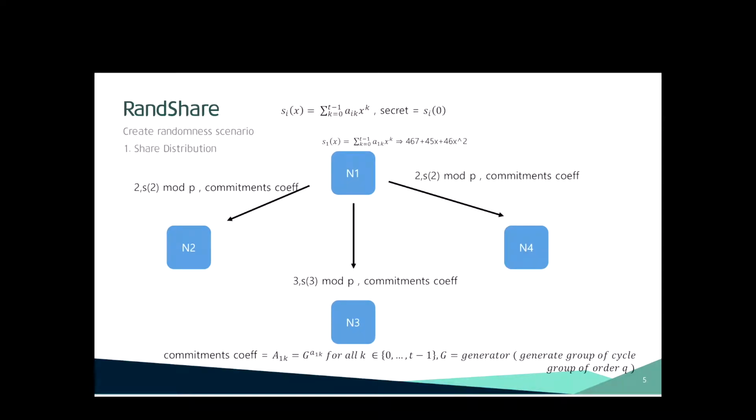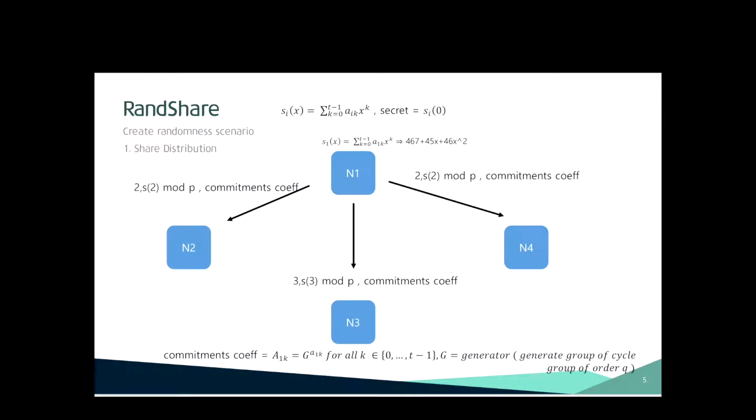Now, let's follow the RandShare scenario. The first step is share distribution. Every node makes its own polynomial for VSS using this s(x) equation. In this case, s_i(0) means a secret. For example, node 1 makes s_1(x) like this and makes values to distribute.